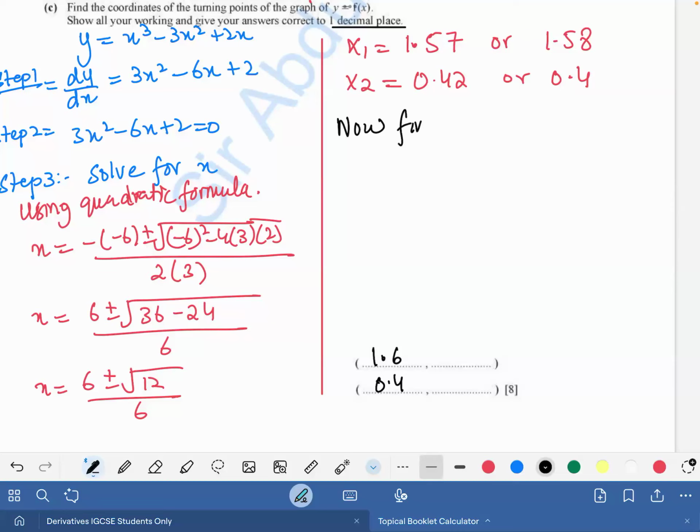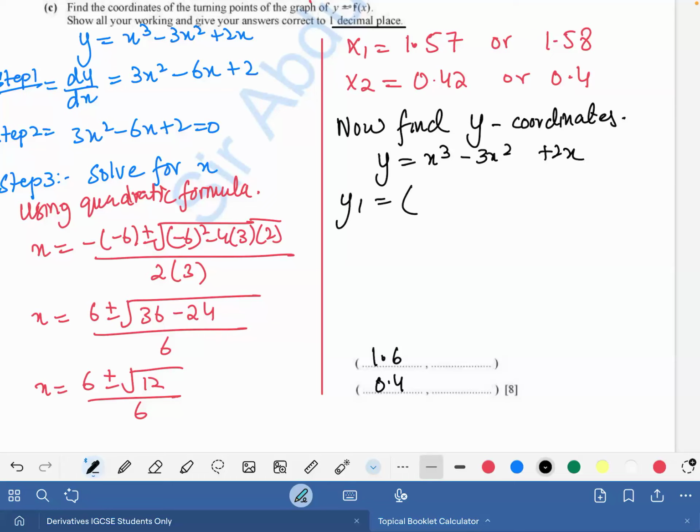Now find y coordinates. So in the question, beta, we wrote that y is equal to x cube minus 3x square plus 2x. Now y1 would be equal to 1.6 cube minus 3 into 1.6 square plus 2 into 1.6.